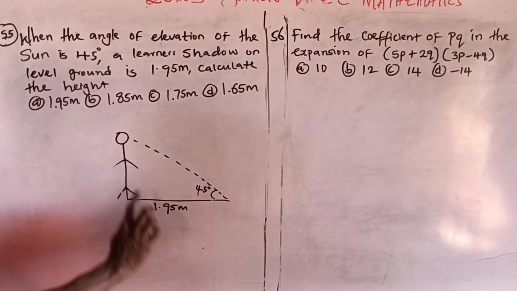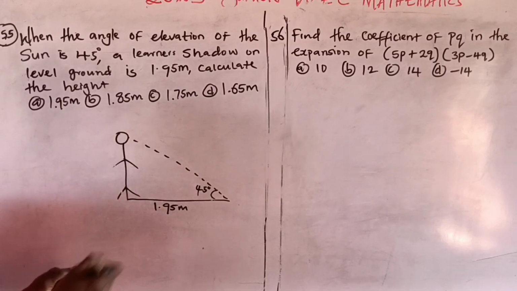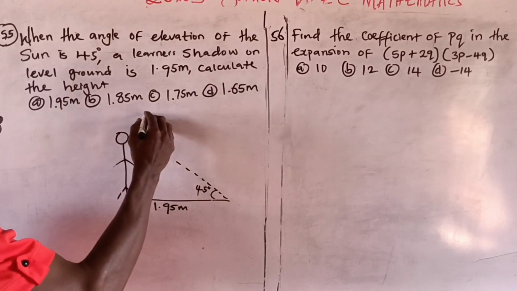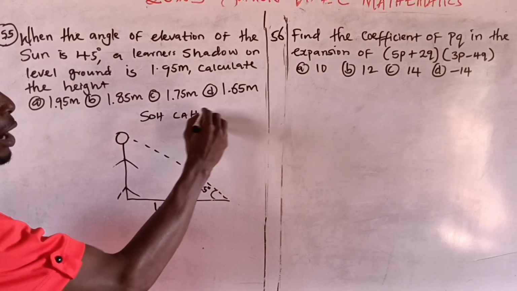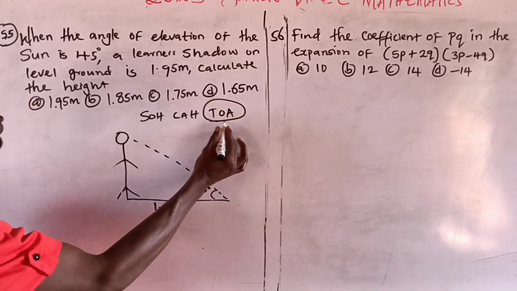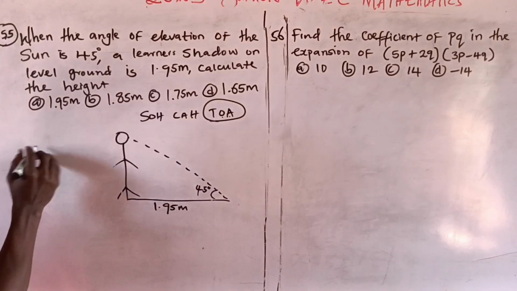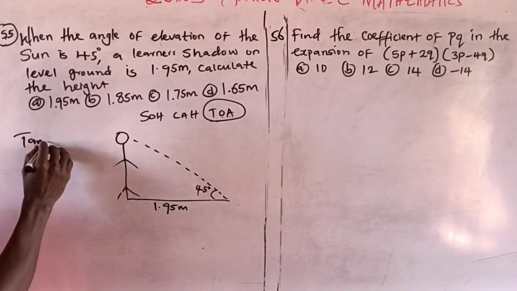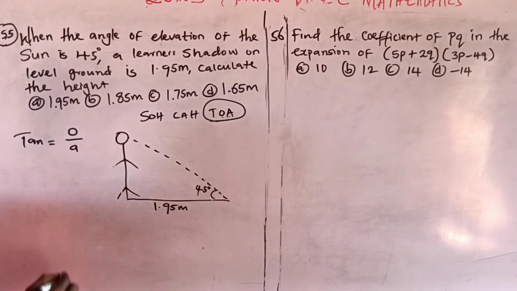This is opposite over adjacent. And that will lead us to trigonometry, which is the rule SOHCAHTOA. And this is the one we are picking, the TOA, which is opposite over adjacent. That means tan is equal to opposite over adjacent, right?